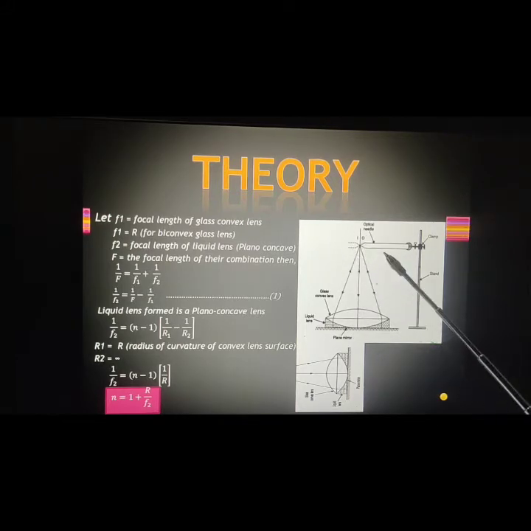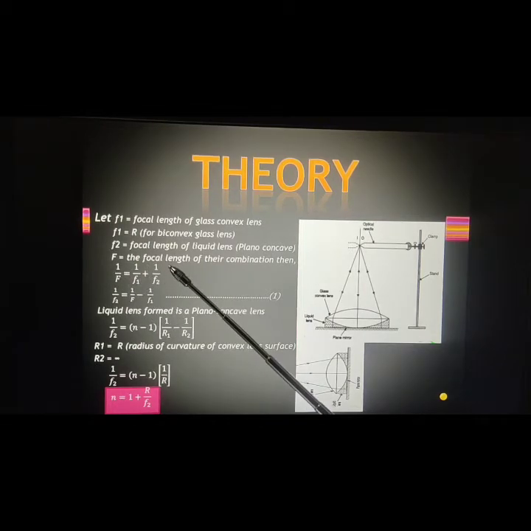When that condition is obtained, it is nothing but the focal length, capital F, of the combined lens, and the distance from the mirror to the object will give you capital F. So 1 over F is equal to 1 by f1 plus 1 by f2. Our goal is to find f2. So rearrange the terms and calculate f2.